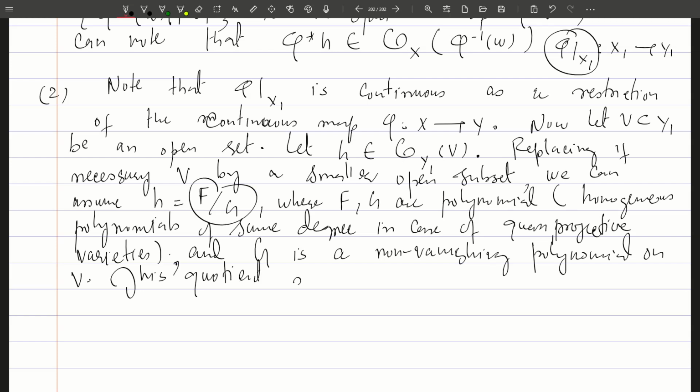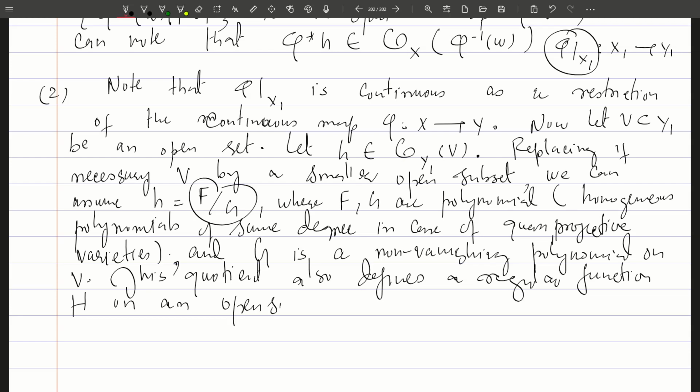Say, let us call this h on an open subset, let us call this v tilde, inside y, such that v contains v tilde.